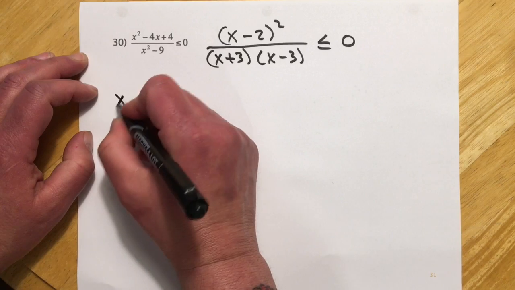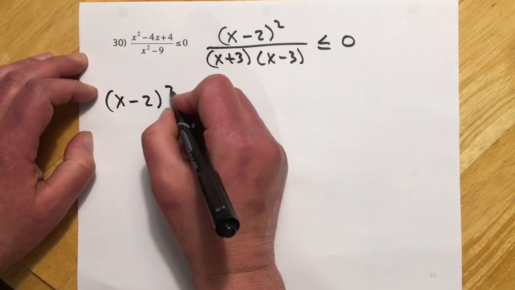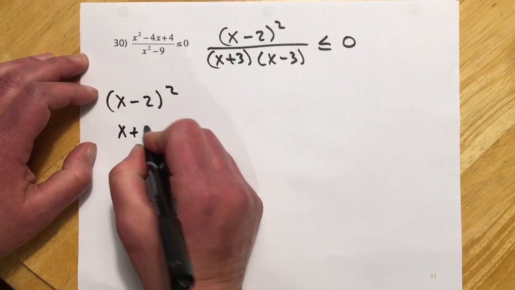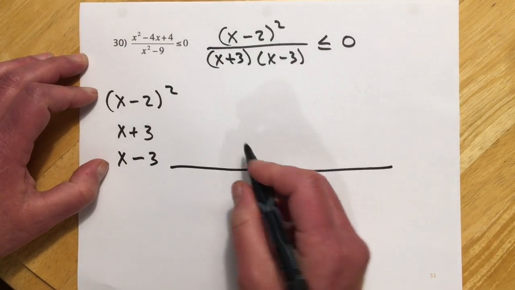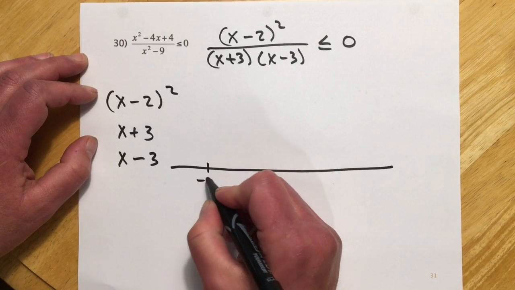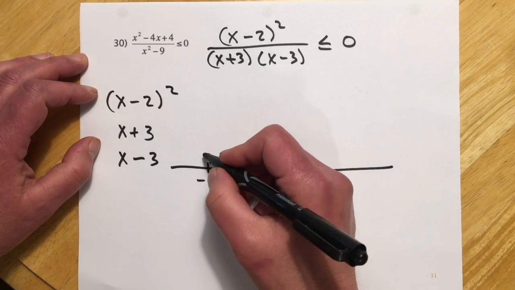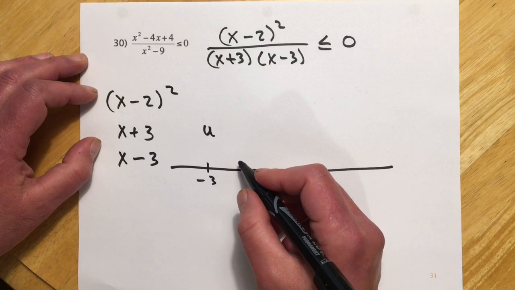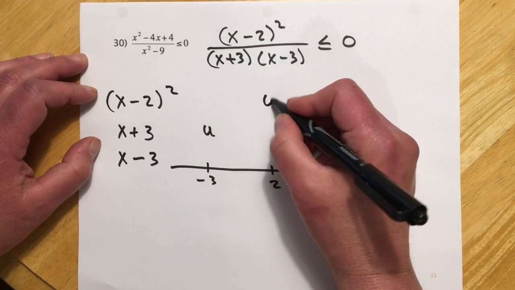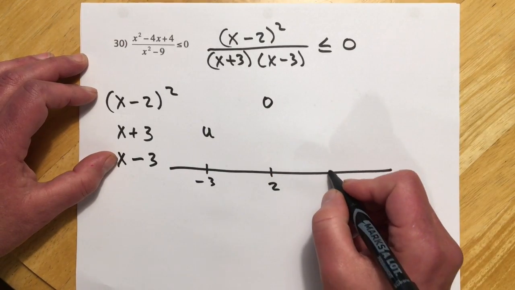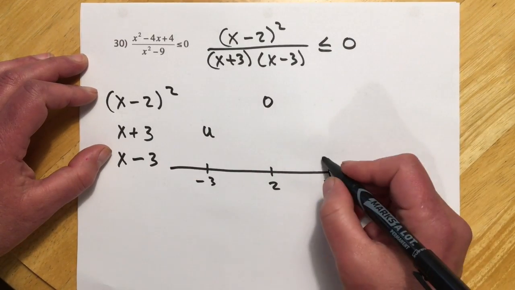So x minus 2 squared, x plus 3, x minus 3. So we got a 0 at negative 3, that's actually an undefined. We have a 0 at 2, that one's an actual 0, and a 0 at 3, and that one is undefined.